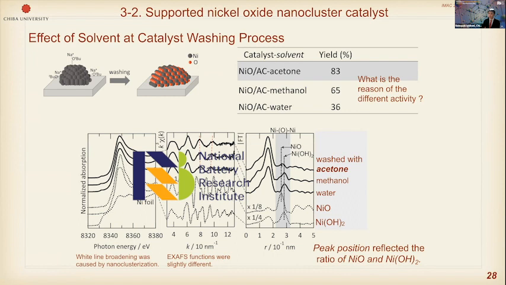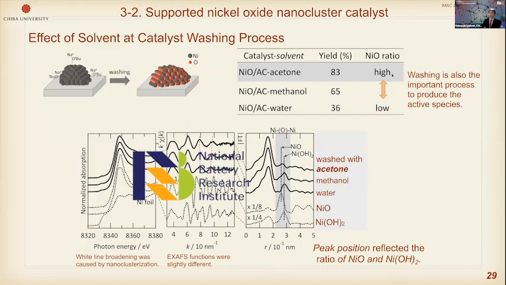So from the peak position of this nickel scattering, you can estimate the ratio of the nickel oxide and the nickel hydroxide. So we get the information about it. When acetone was used as the washing solvent, then the nickel oxide is higher.